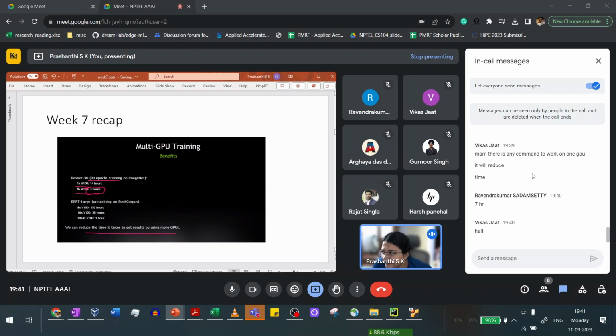Not really. I mean, the default setting is one GPU. So if you're using PyTorch, I think there is a way to select the device, right? I think it was there in one of the earlier weeks. I don't remember which week, but you can set the device to either a CPU or a GPU, and before that you check using this command, I think it is called is CUDA available.